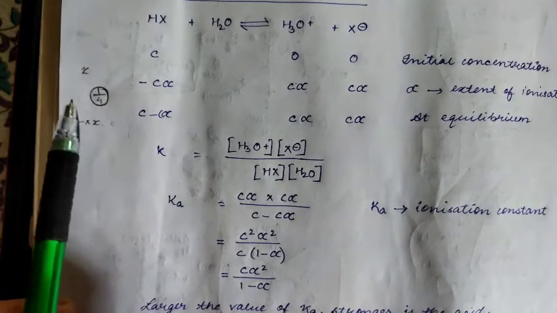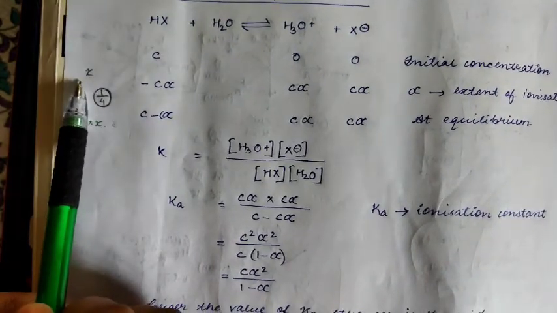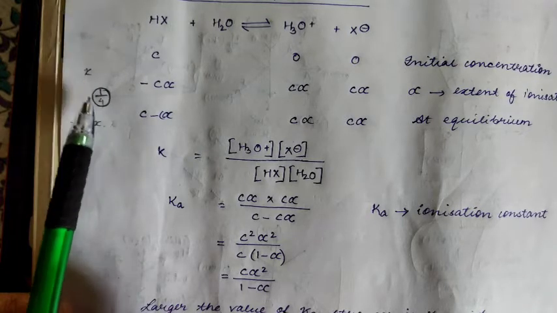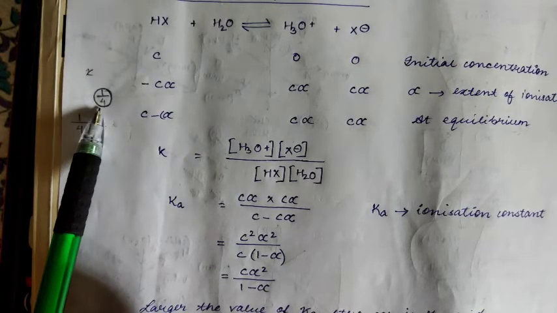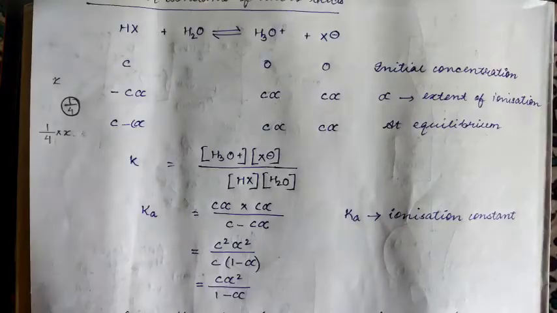Now a very important concept is that suppose X number of molecules is there, out of that 1/4 of the molecules is ionized, then how can we write the number of ionized molecules? 1/4 of X, right?